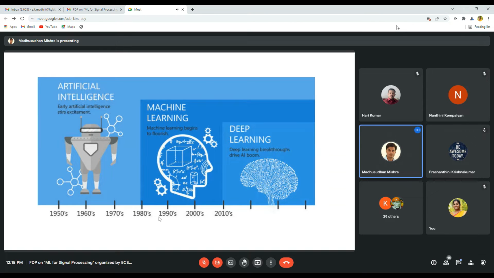Then from the 1980s, machine learning came into the picture, and within machine learning we have neural networks, and these neural networks have led us to deep learning, where we have many hidden layers. Basically, after 2010 deep learning led to the breakthrough that drove the third artificial intelligence boom.